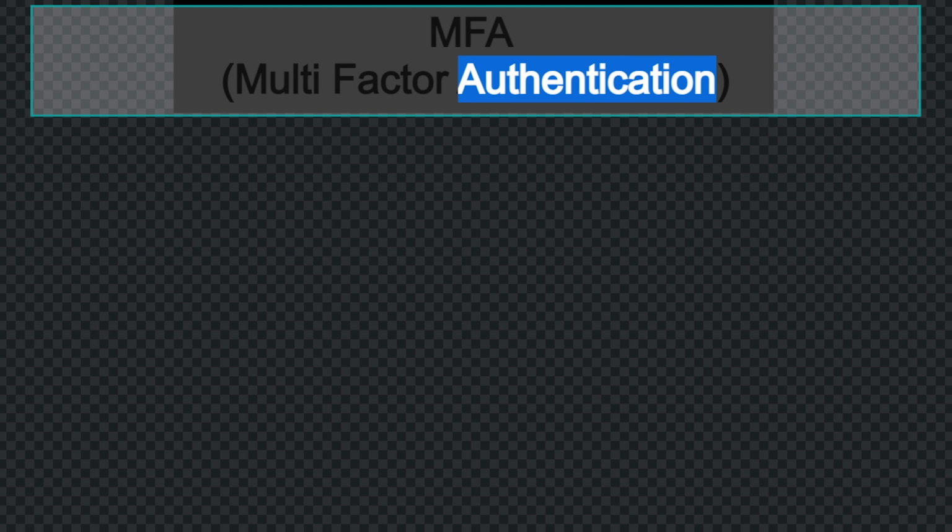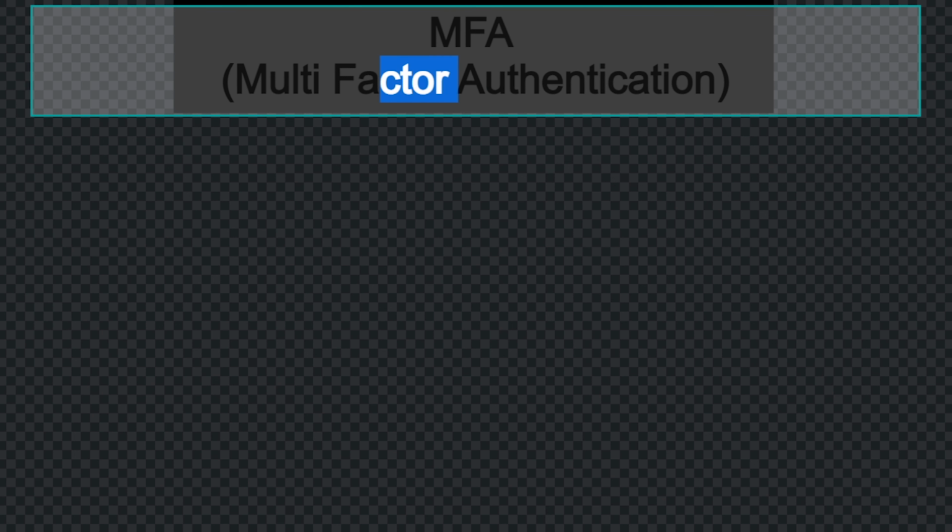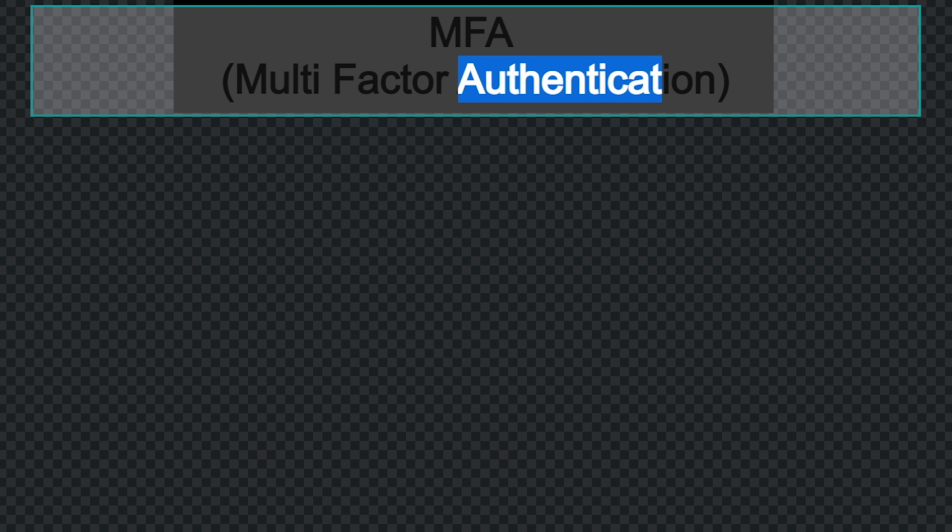And then we've got the word authentication. Let's break this down. The word authentication comes from the word authentic, meaning true, something that is true, right? In order to authenticate something, you take a truthful fact, and based off of that fact, in this case the factor, you are making something true.